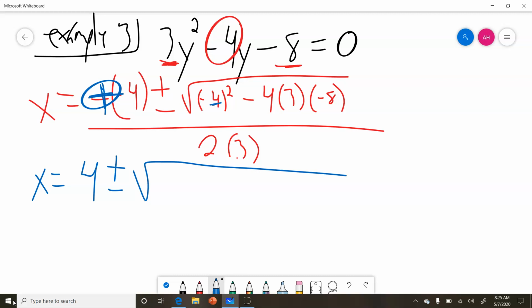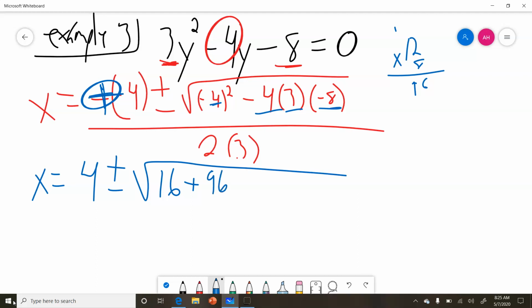The 4 squared is 16. And then I have -4 times 3, which is -12. -12 times -8 is a big hulking number. If we have 12 times 8, I'm doing it by hand, but it should be 96. So I have plus 96.